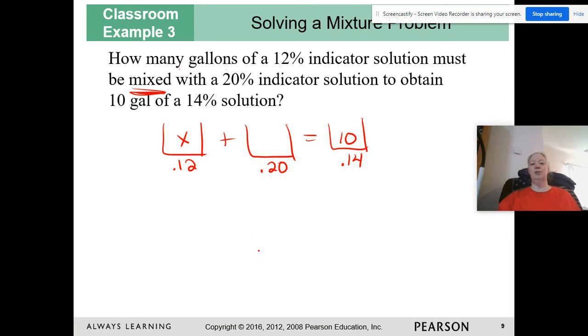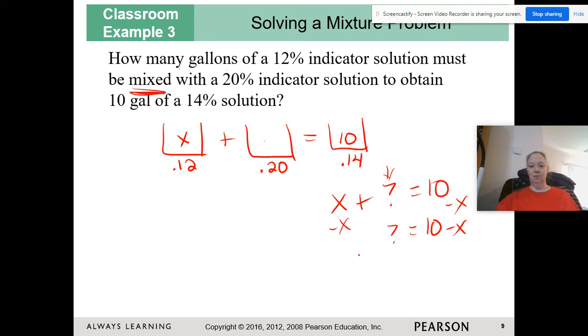Makes a huge difference. We do not add x plus 10 to get this number. We take x plus this number to get 10. So to figure out what that number is, this number is going to be 10 minus x.